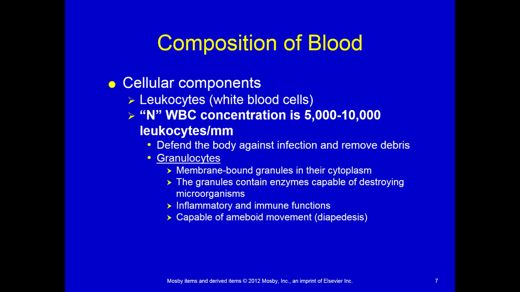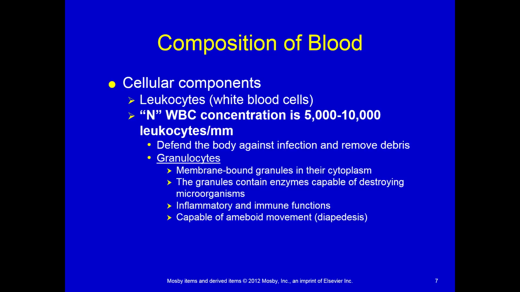So the way I'm going to go through them this morning is talking more about granulocytes versus agranulocytes, okay? So granulocytes are those white blood cells that have membranes that hold those little sacks of goodies. Remember I talked about this when we talked about inflammation last semester, right? Granulocytes have membrane-bound granules in their cytoplasm within the cells themselves.